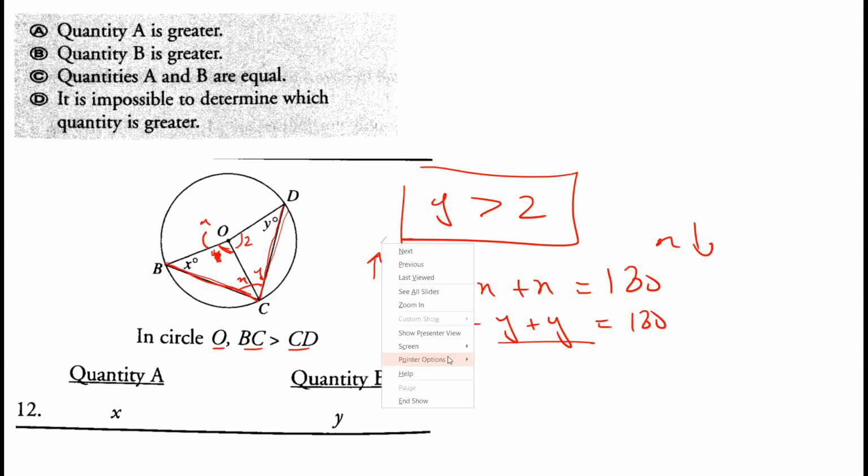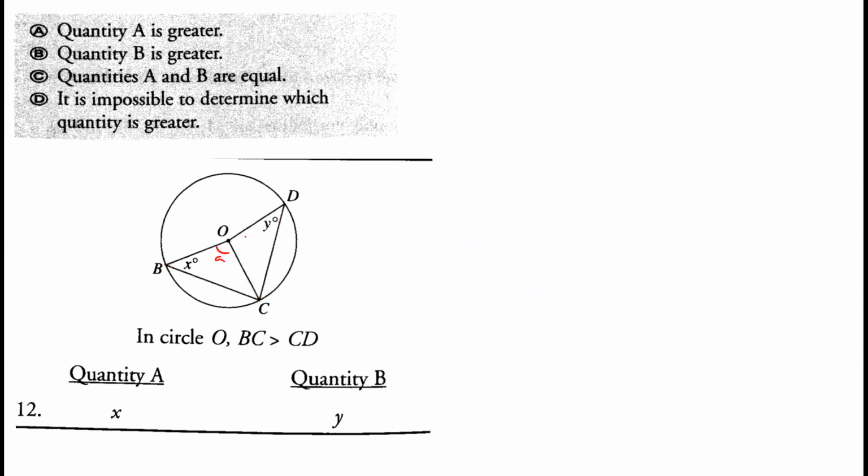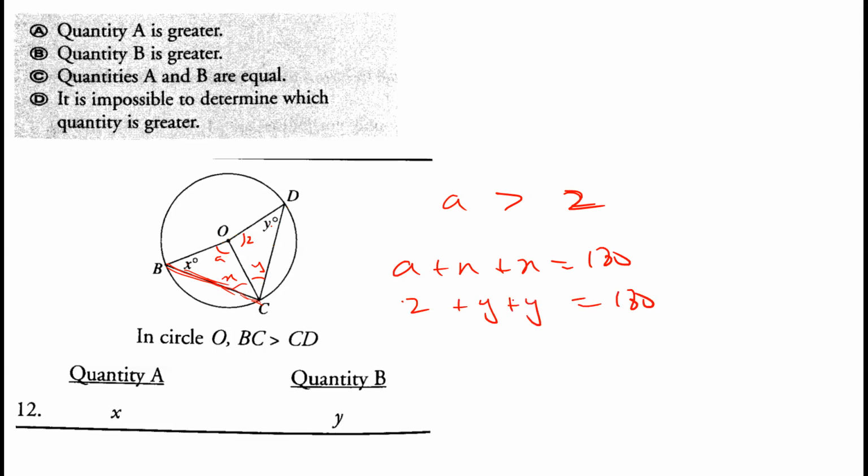Well, let's do this question again. Now let's suppose this angle is A, this angle is Z. Now because BC is greater than DC, then 100% A is greater than Z, because this length is larger than DC, so the opposite angle is greater as compared to Z. Now A plus X equals 180, and if this angle is X, then this angle will also be X. If this angle is Y, then this angle will also be Y. So Z plus Y equals 180.